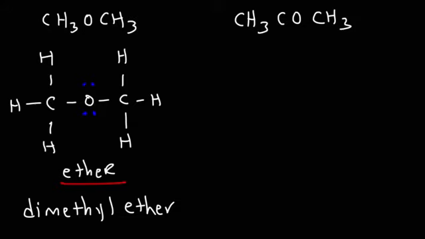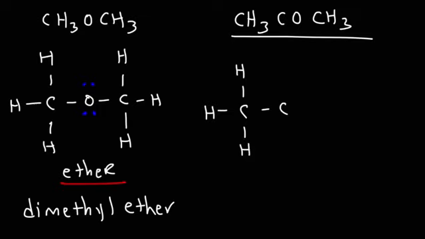Now, how would you draw the Lewis structure for the compound on the right? So we know that we have a methyl group on the left, and then there's a carbon atom. Now, where do we put the oxygen atom? If we put it in the middle, this carbon atom is going to have 2 bonds. So to fix that problem, we need to put it up here.